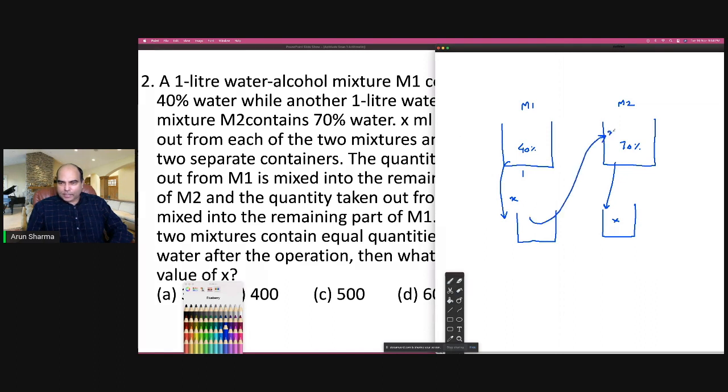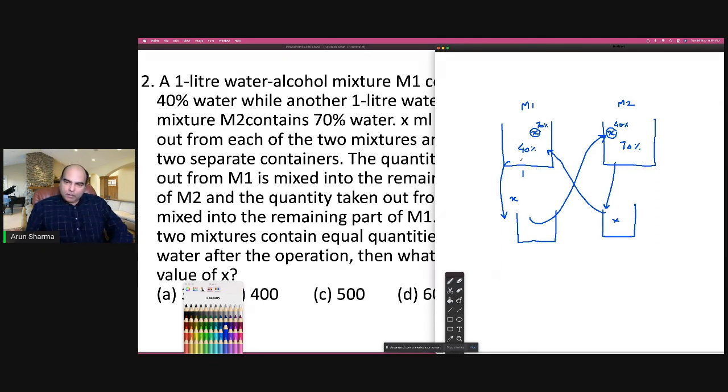So you're introducing X ml into this picture, X ml of 40%, और इसमें you are introducing X ml of 70%. तो जो M2 से निकाला वो M1 में डाला, M1 से जो निकाला वो M2 में डाला. So M1 में 70% का X ml आ रहा है, and M2 में 40% का X ml आ रहा है.